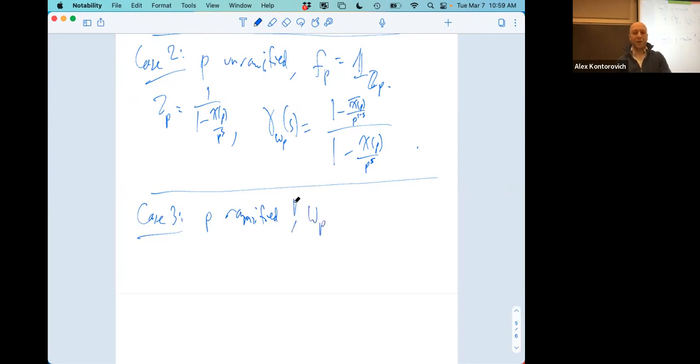The kernel of omega p contains 1 plus p to the L Z_p, with L minimal. Well, that's just the definition of conductor. L is the smallest, and we actually need this.